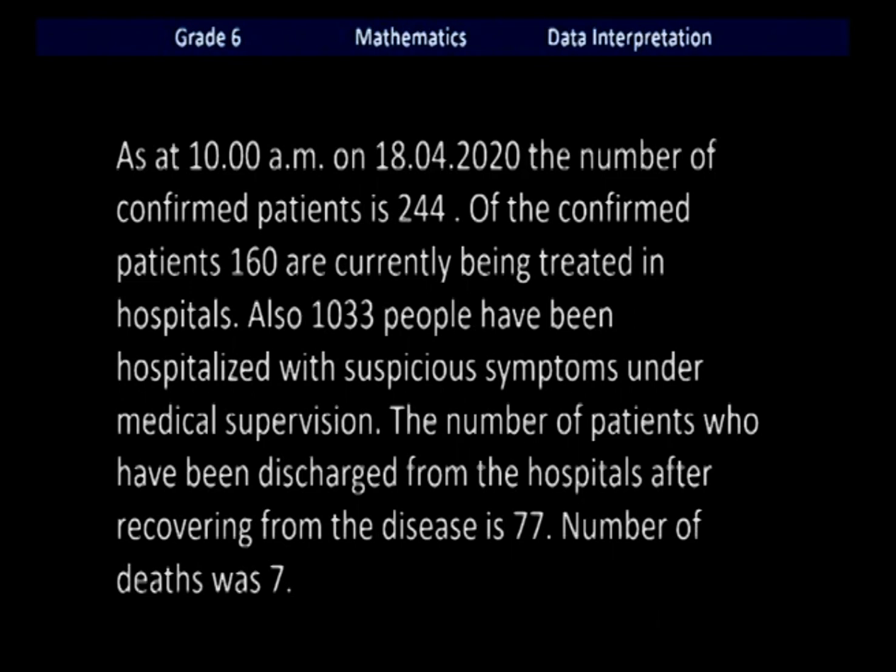From the confirmed patients, 160 are currently being treated in hospitals. Also, 1033 people have been hospitalized with suspicious symptoms under medical supervision. The number of patients who have been discharged from the hospitals after recovering from the disease is 77. Number of deaths was 7.